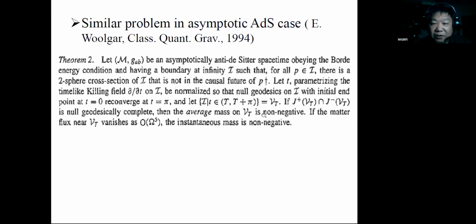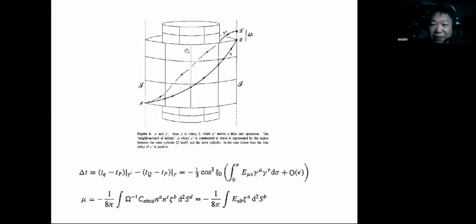Here is the result by Ulga, and his result can be explained in these pictures. Here is a conformal compactification of the asymptotically AdS space-time, and the cylinder here is the conformal infinity. So it has a cylinder structure, and the generator is just the time-like direction.